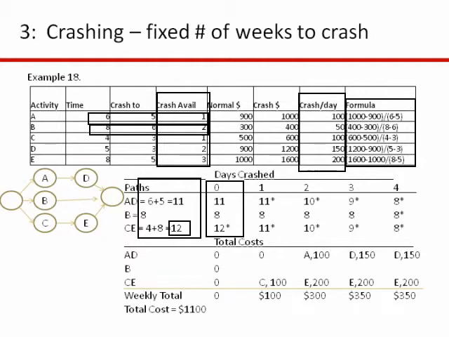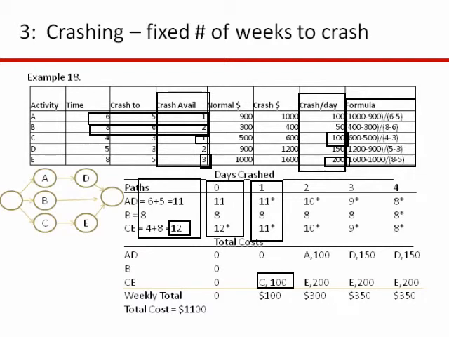So if I want to go from 12 to 11, and if I want to crash 1 day off, I'm going to look, then I come up here and I look at, I can take a day off of C, and I can take up to 3 days off of E. But C is the cheapest one. C is only $100 per day. E is $200 per day. So I'm going to pick C. I'm going to crash C once to go from 12 to 11, and it's going to cost me $100.